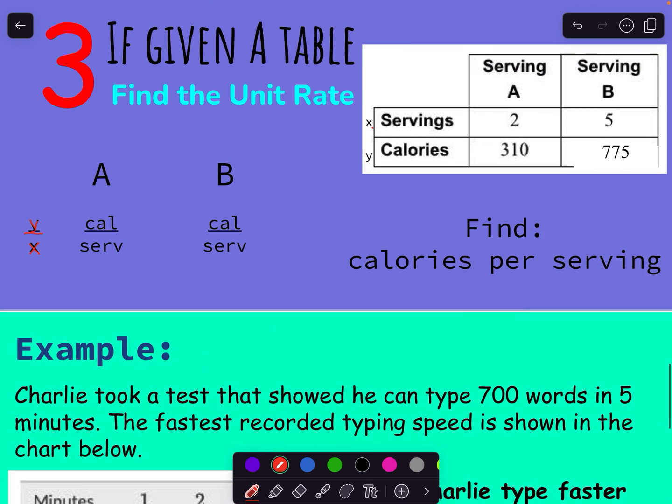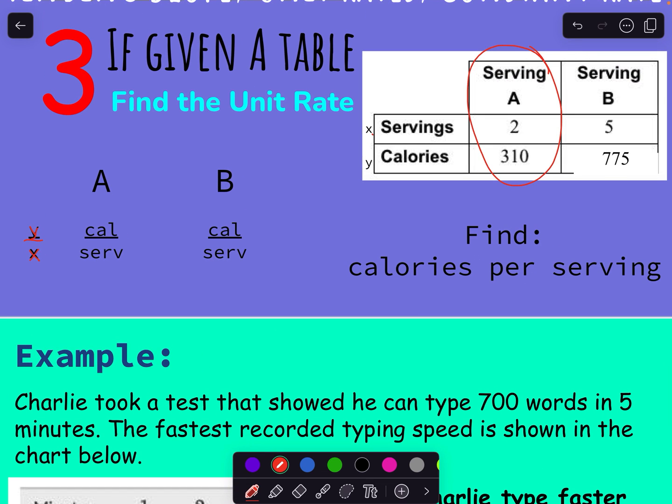If you look at A, that would be 310 calories divided by 2 servings, and B would be 775 calories divided by 5 servings. We're trying to figure out the calories per serving.